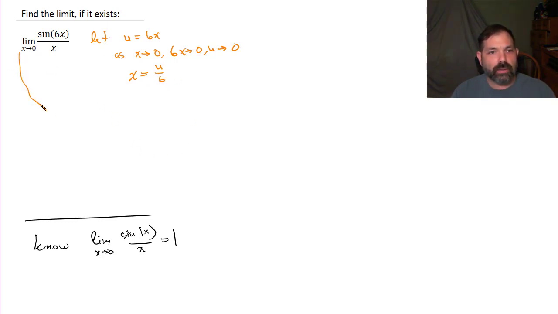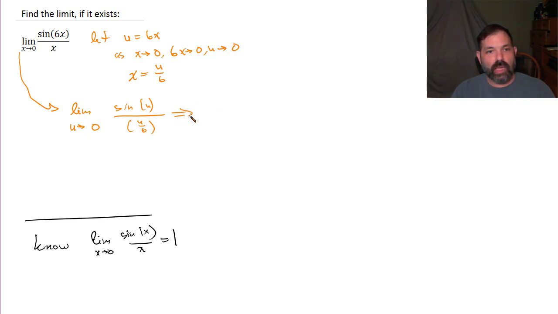So this limit, the limit as x approaches 0 of sine of 6x over x, is the same as the limit as u approaches 0 of sine u over u over 6. If I'm dividing by u over 6, that's the same as multiplying by 6 over u.